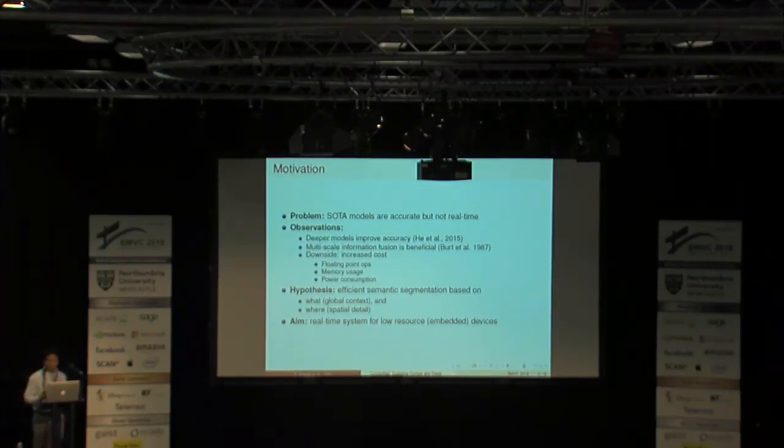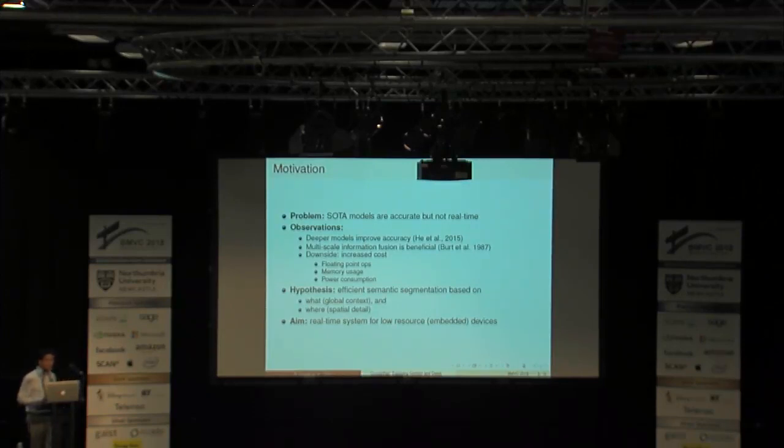What else we observe in our literature is this. Going deeper or adding more layers improves the accuracy, as Abhinav Gupta also highlighted yesterday in the tutorial. The second thing we know from 30 or 40 years back is that fusing information at multiple levels, or multi-scale information fusion, is beneficial for segmentation, like pyramid scene parsing and all those pyramid architectures.